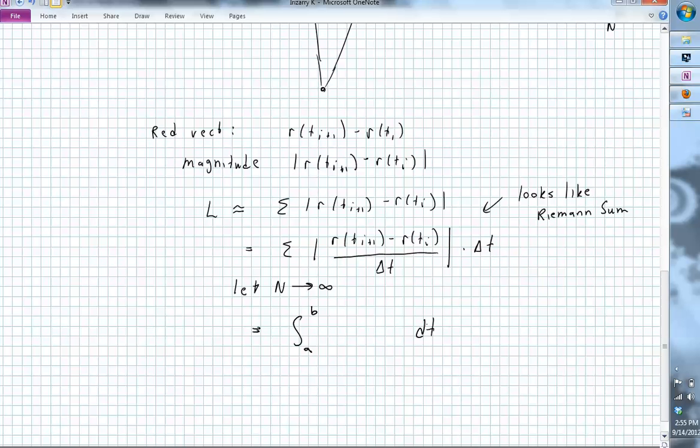And what I'm really interested in is this thing here. As n goes to infinity, what's happening to delta t, or in other words, what's happening to the lengths of the little subintervals? They're getting smaller. So what does this thing look like?